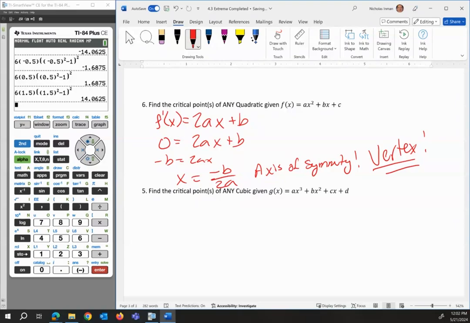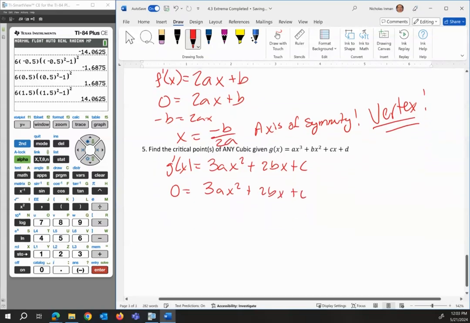All right, for a cubic function, if we do our g prime of x here, 3 times a, 2 times b, plus c, derivative of just a constant would be 0. So to do this one, to set this equal to 0, well, that's a quadratic. We would have to do the quadratic formula.